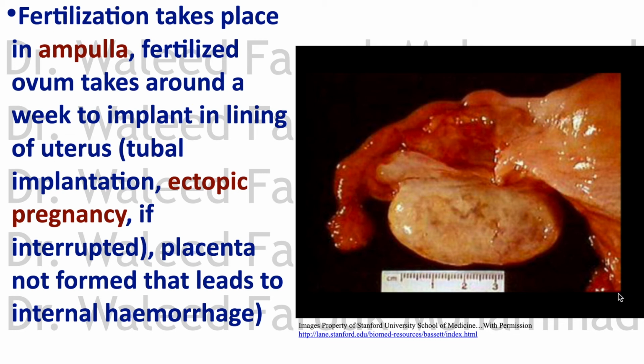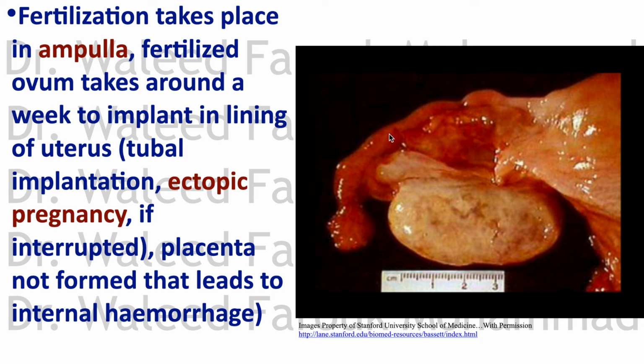Imagine the sperm has to climb all over the uterus, then enter the tube and fertilize the ova in the ampulla. Then, on its way back to the uterus for implantation, if something impedes the migration of the fertilized ova through the tube to the uterine wall, implantation is destined to happen either inside the tube or inside the uterus.